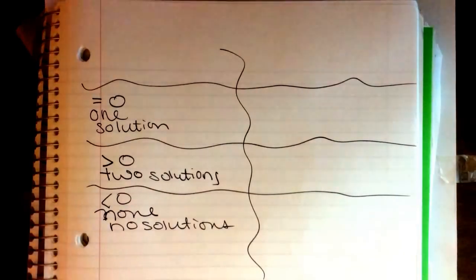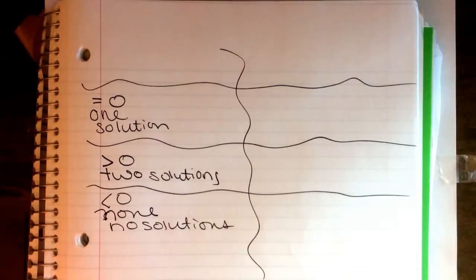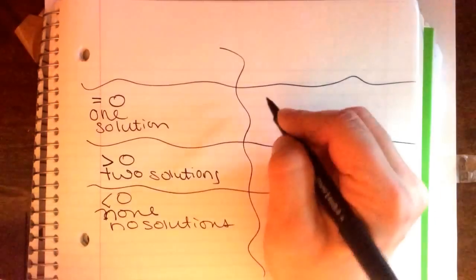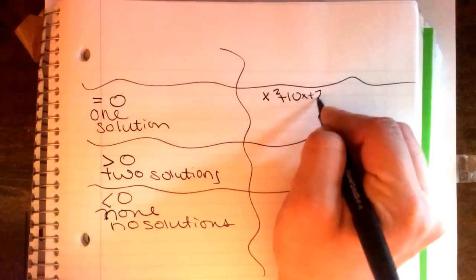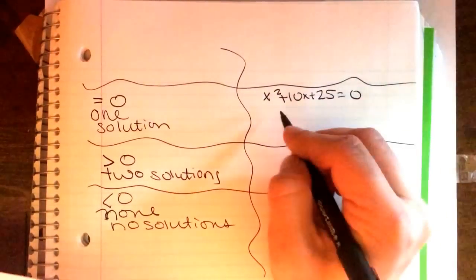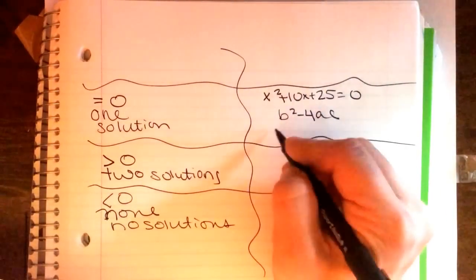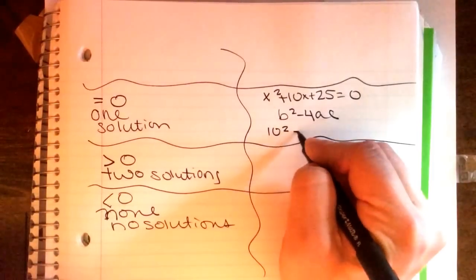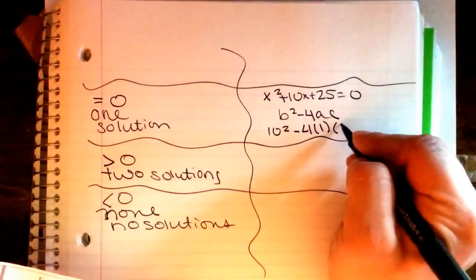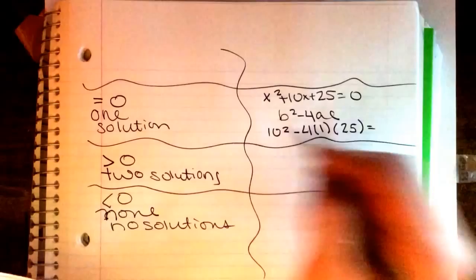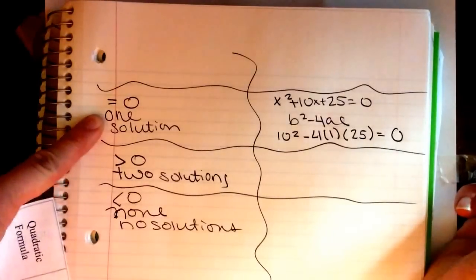Okay, so for this case, and this is all pulled from the sheet. So when there was one solution, we had the equation x squared plus 10x plus 25 equals 0. And if I do b squared minus 4ac, I'm going to have 10 squared minus 4, a is 1, c is 25, 100 minus 100, 0. Therefore, I'm going to have one solution.